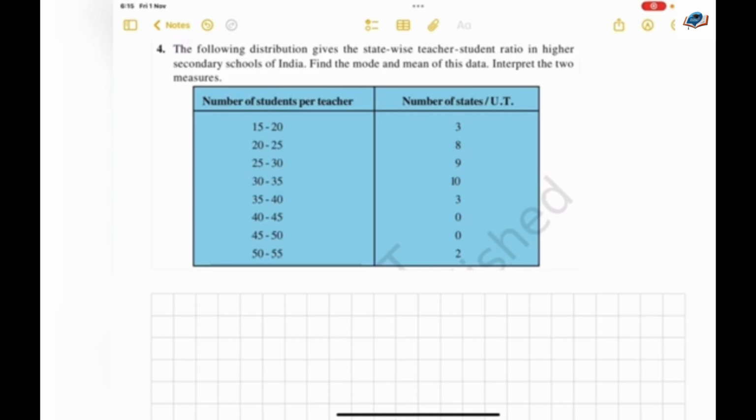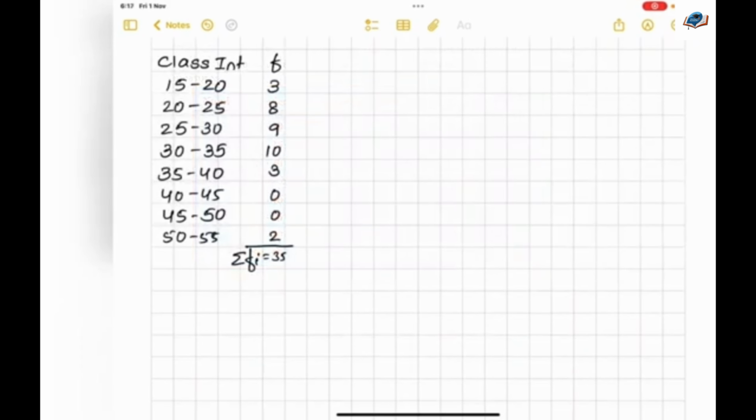The following distribution gives the state-wise teacher-student ratio in higher secondary schools of India. Find the mode and mean of the data. Interpret the two. Now, class interval and fi is already given. Now, let us find xi.